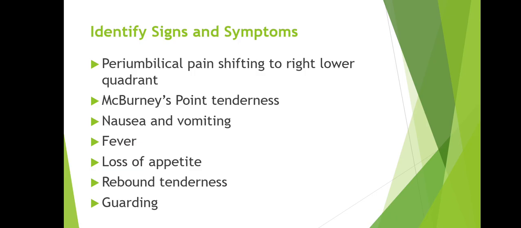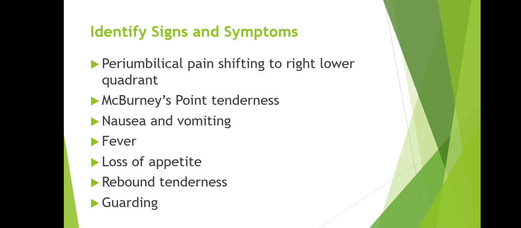Why right lower quadrant? It is because this pain is actually coming from the appendix, and the appendix is in the right lower quadrant. So there is peri-umbilical pain just because of the connection between the appendix and the large intestine. That's why usually there is peri-umbilical pain that shifts to the lower right quadrant.